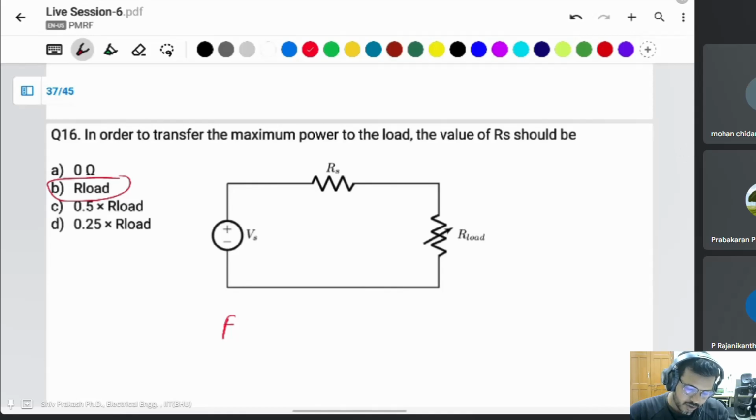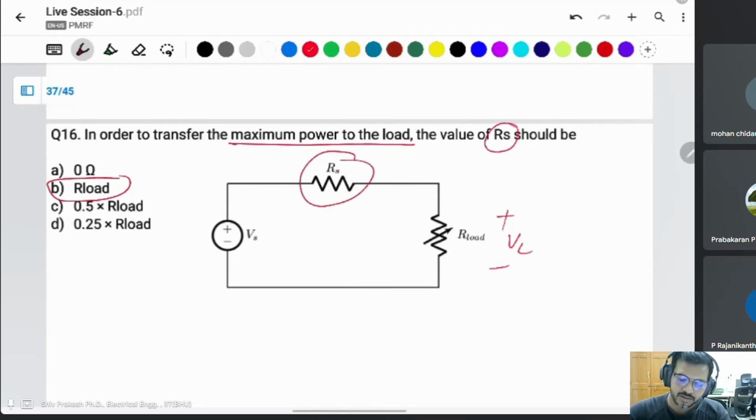Wait, just read the question once again. In order to transfer the maximum power to the load, it means we want to take maximum power here at VL. The value of RS, you are asking about this resistance, not this resistance. Then what happened?